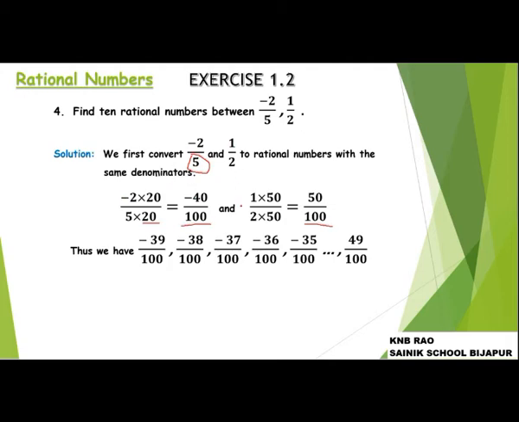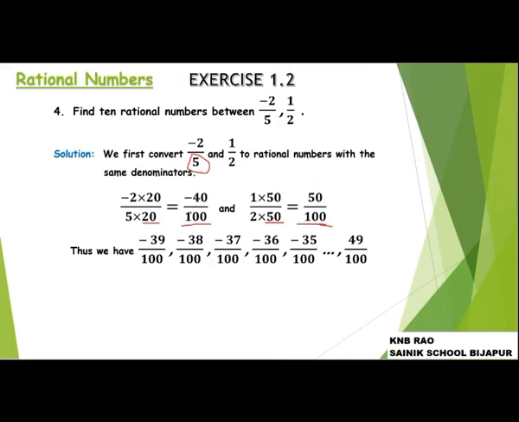Similarly, 1 by 2 is written with the denominator 100. Using the same knowledge, 2 in 100 for 50 times. So 50 multiplied to both the numerator and denominator. 1 multiplied by 50 gives 50. 2 multiplied by 50 gives 100. So 1 by 2 is equivalent to 50 by 100.